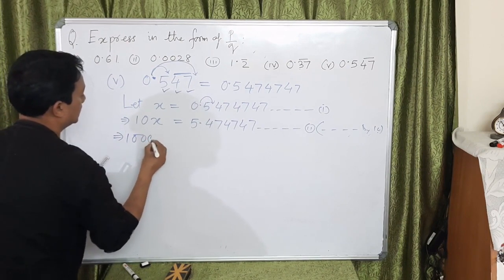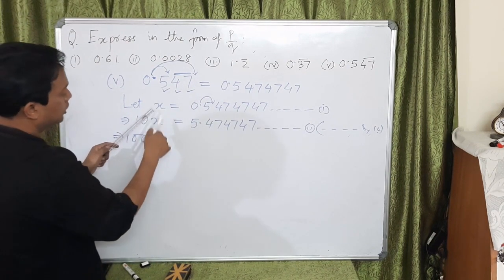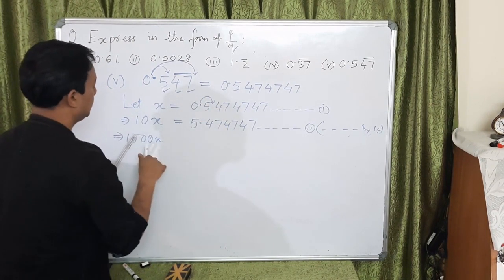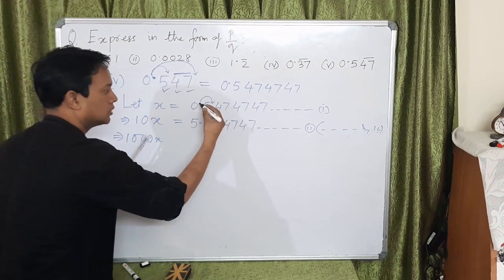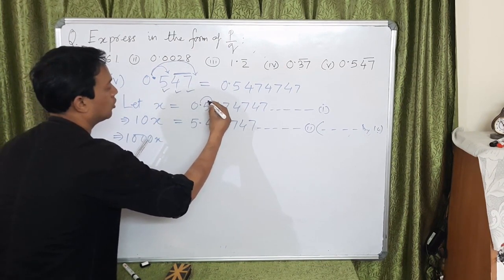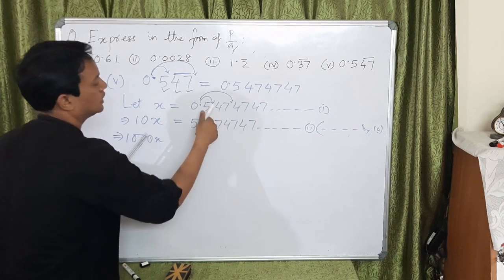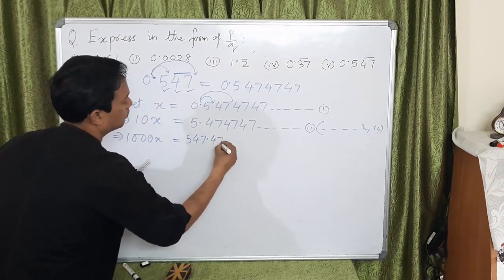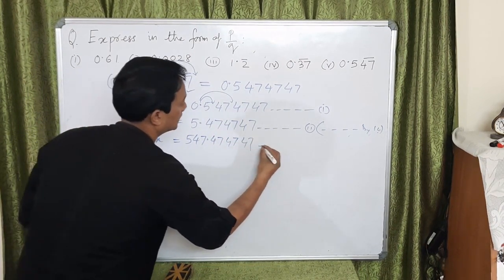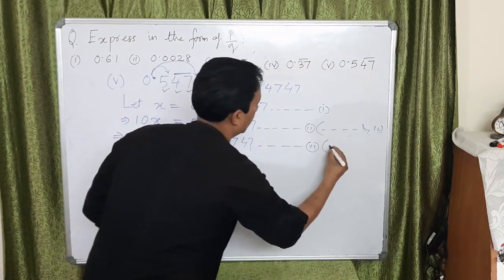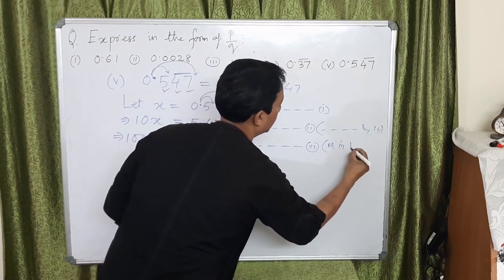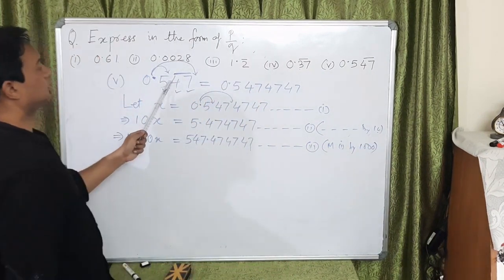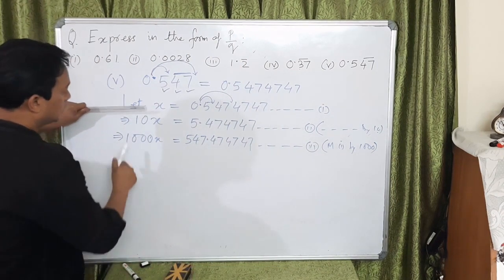So we are multiplying equation 1 by 1000, counting from the original decimal position, so it goes 3 places: 547.4747, lots of 47s. This is equation 3. Here we multiplied by 10 because we wanted the decimal to come before the bar, and after that 1000.